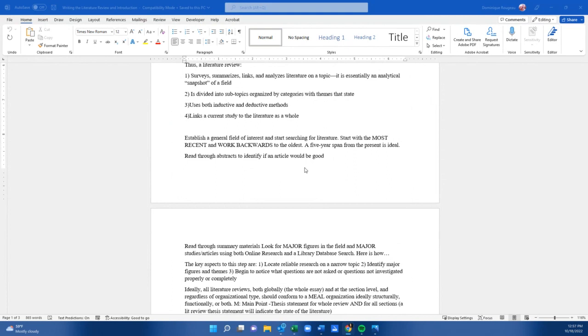But if you're looking for a theoretical article to help you define your variables or talk about the topic or concept that your research study focuses on, then that might be the only reason to get an article that old. You really don't want to find an empirical article, which is a research article that has an actual experiment carried out in it, that's 10 or 20 years old, because trust me, new research has been produced since then.